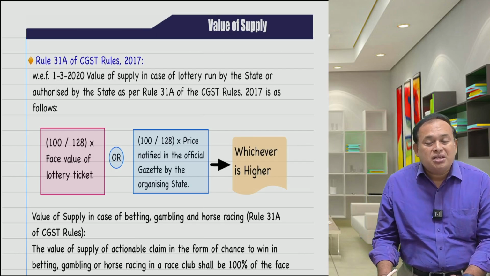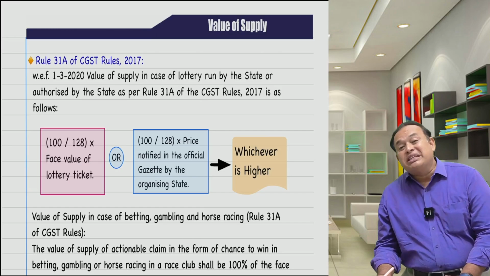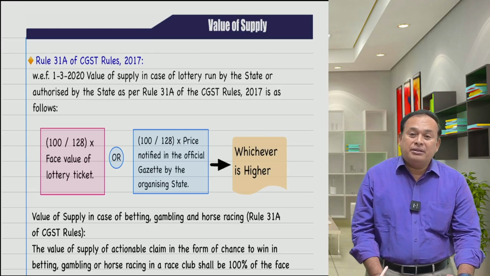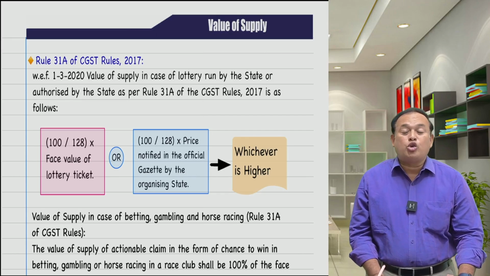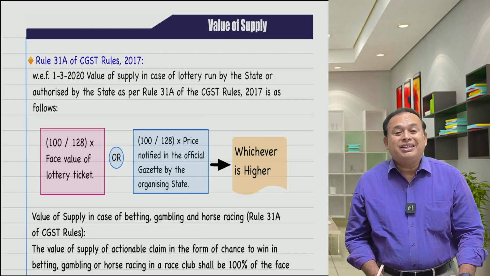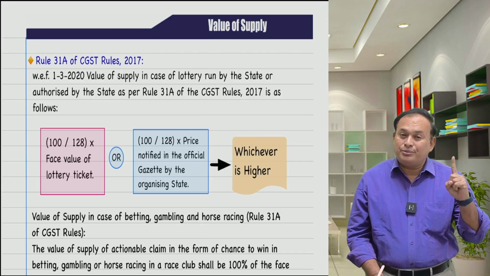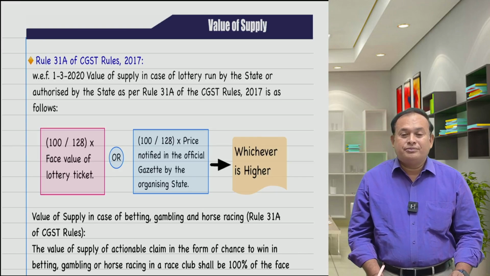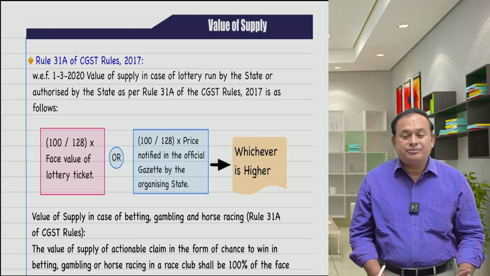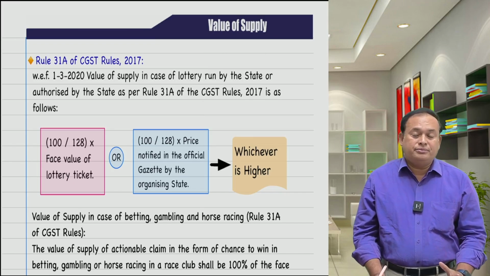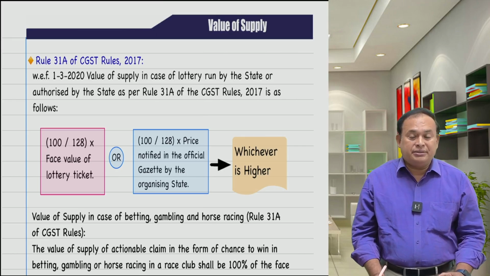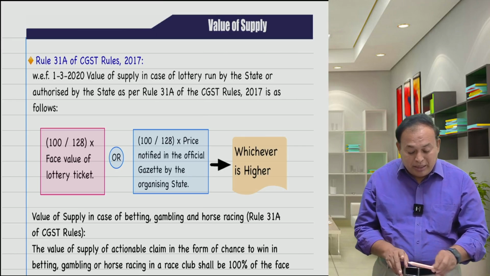Goods includes actionable claims, which are lottery, betting, gambling. Now added furthermore from 1st October 2023 onwards: casino, gambling. Further they added online money gaming and horse racing.